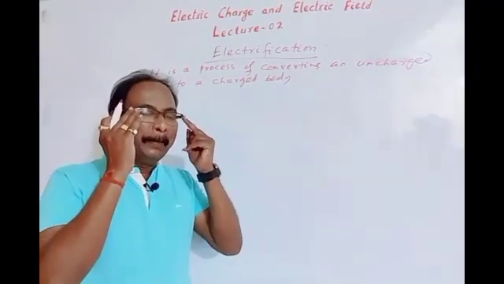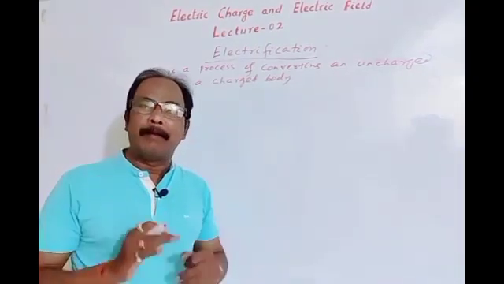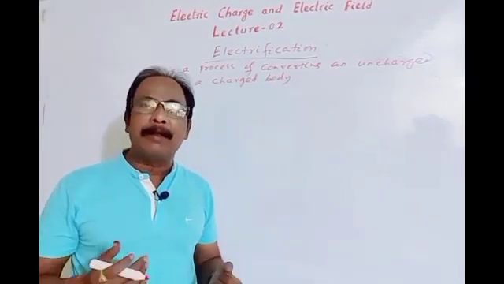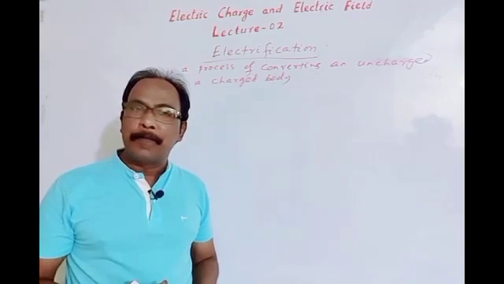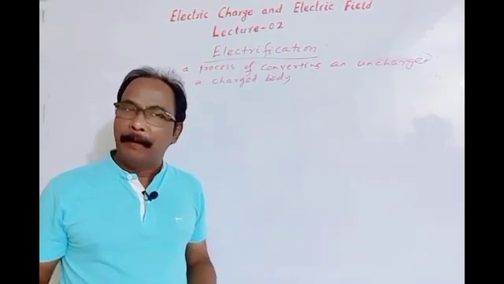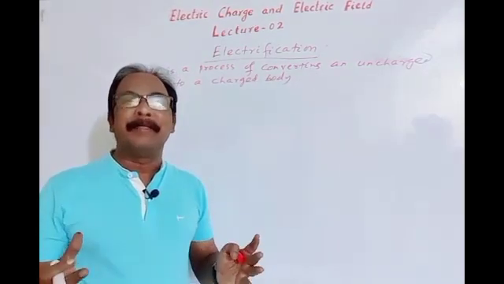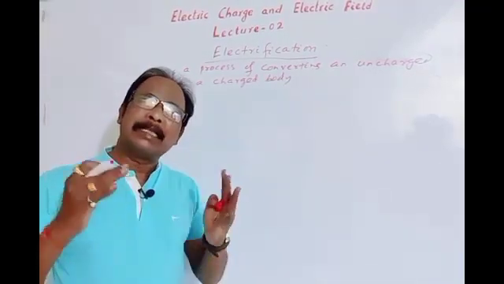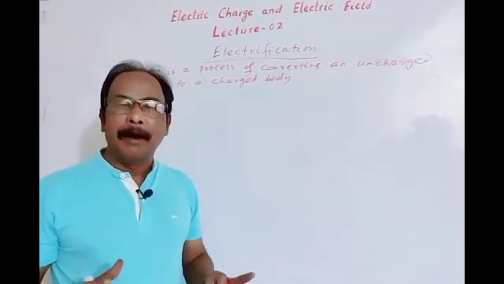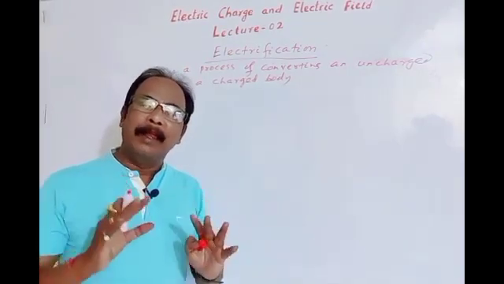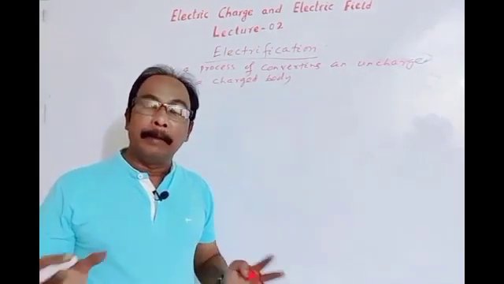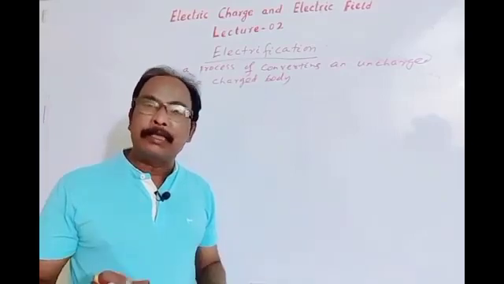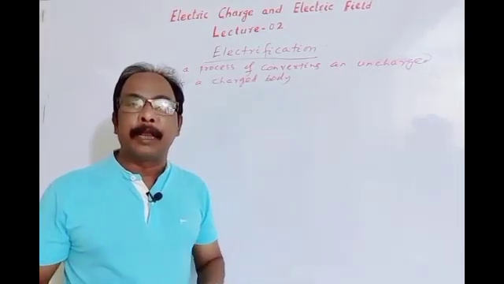Then about matter, what we have discussed: matter is composed of atoms, and an atom is electrically neutral. So a body or a matter is usually neutral. A body is said to be charged, or electrified, if the body either loses electrons or gains electrons.